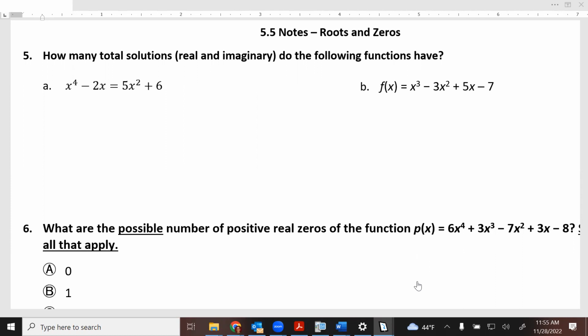X still isn't alone yet. Divide everybody by 2. So I get x equals 3 over 2. Or what is that in decimal form? 1.5.